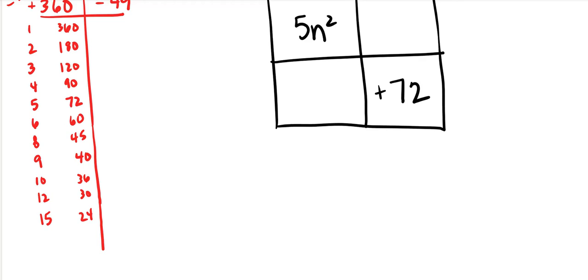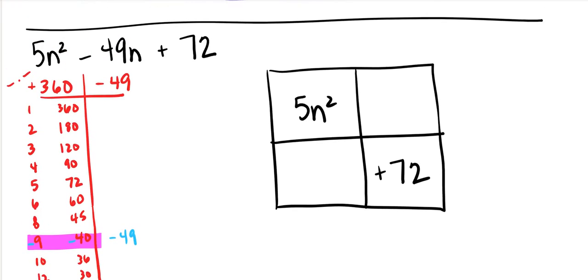No, it doesn't. 17. Okay, I'm going to stop right there. We ran across our numbers here. It would be negative 9 and negative 40 makes negative 49. So we're going to do minus 9n minus 40n.